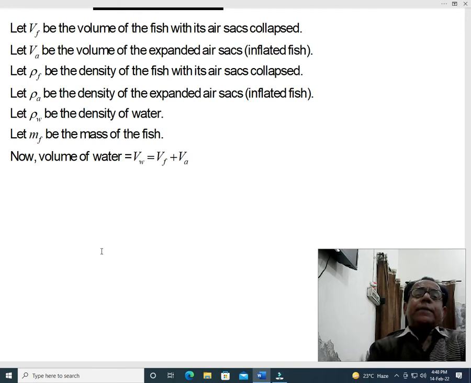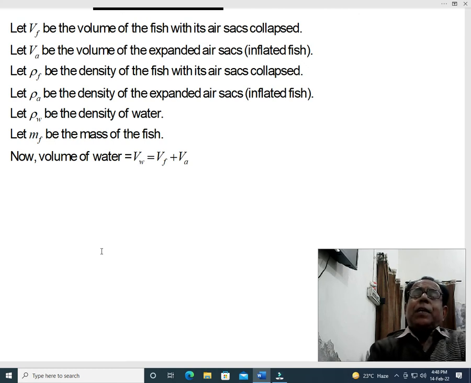Now we come towards the mass, which is constant. Okay, let mf, here f is written as a subscript of m, be the mass of the fish. Now, volume of water Vw, here w is written as a subscript of V, becomes equal to Vf plus Va.